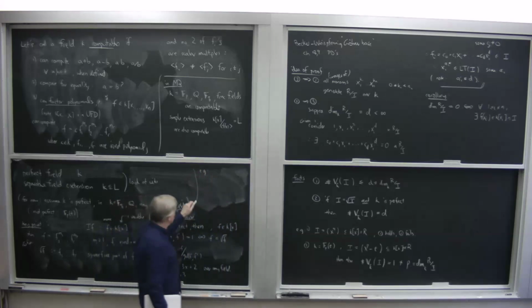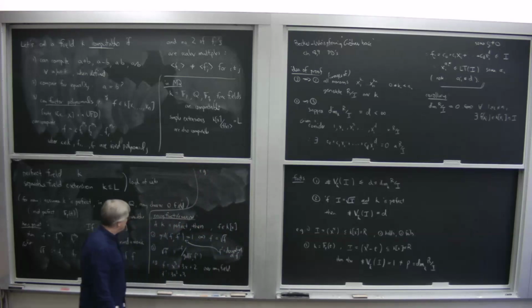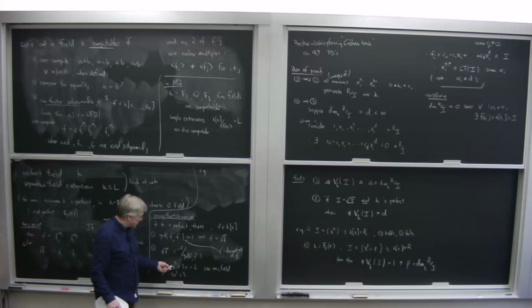But it has weird properties in characteristic p. If in characteristic 3, the 3x will become 0. In fact, this thing has 0 derivative.